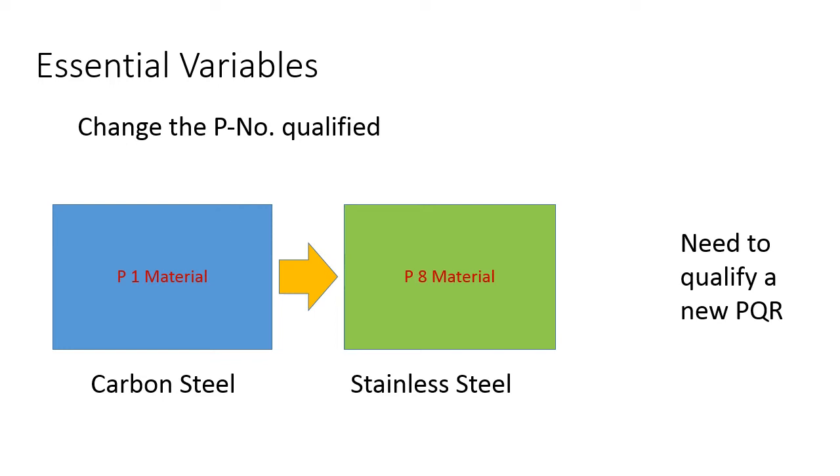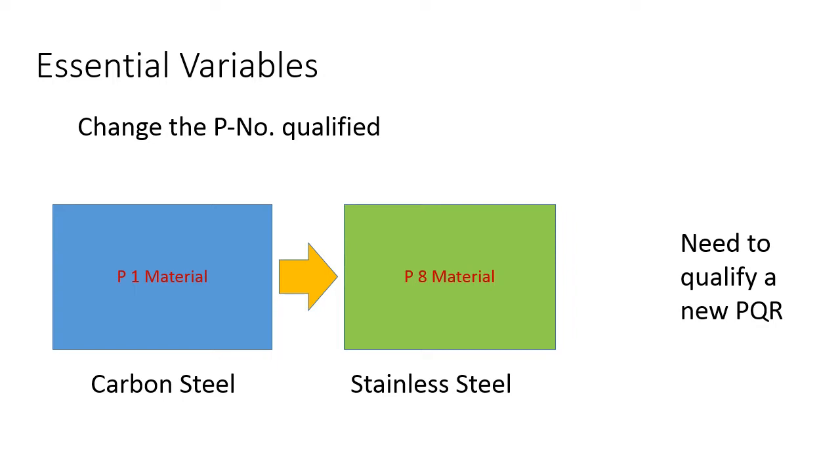My first example of a variable change would be P numbers. Under ASME, American Society of Mechanical Engineers, in their boiler and pressure vessel codes, they have a bunch of materials. They have a material list, and the materials that they say you can build things out of are listed as P numbers. So the first P number is carbon steel.